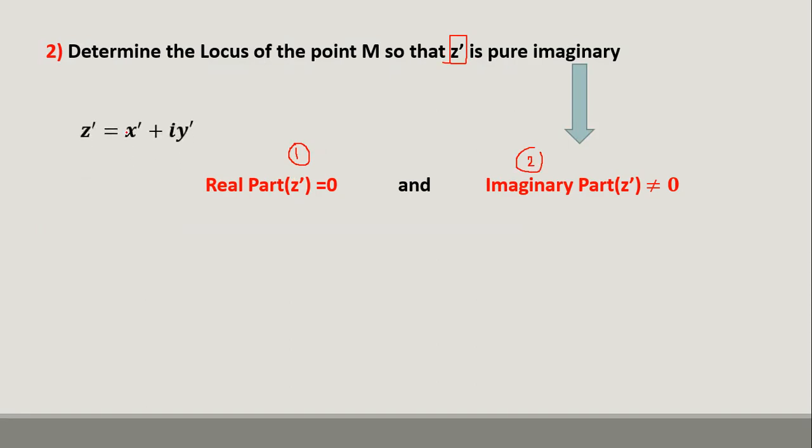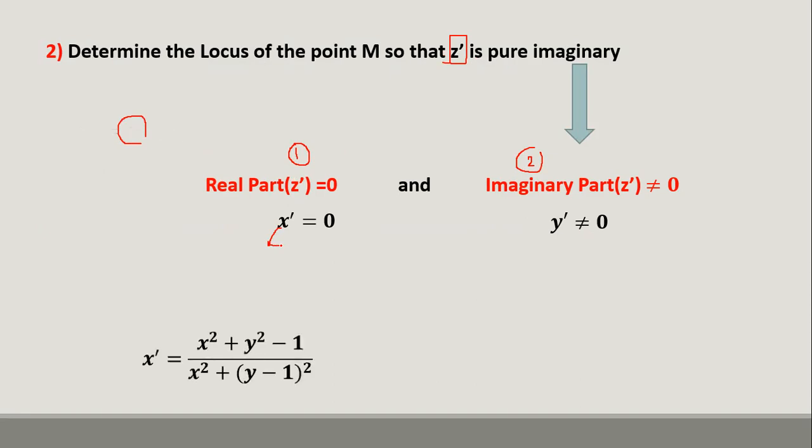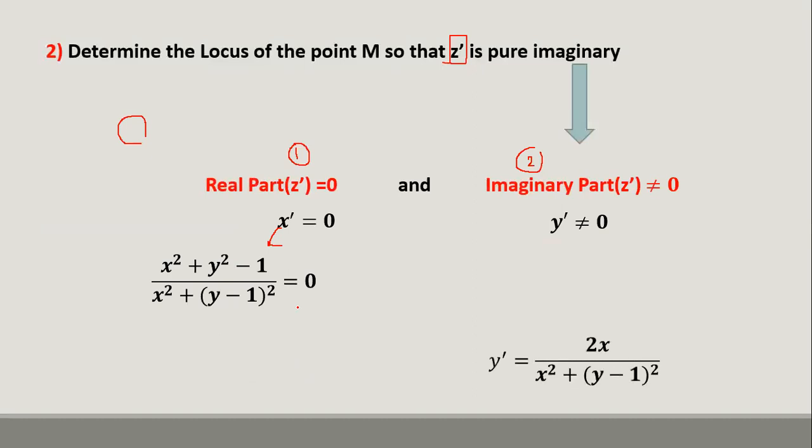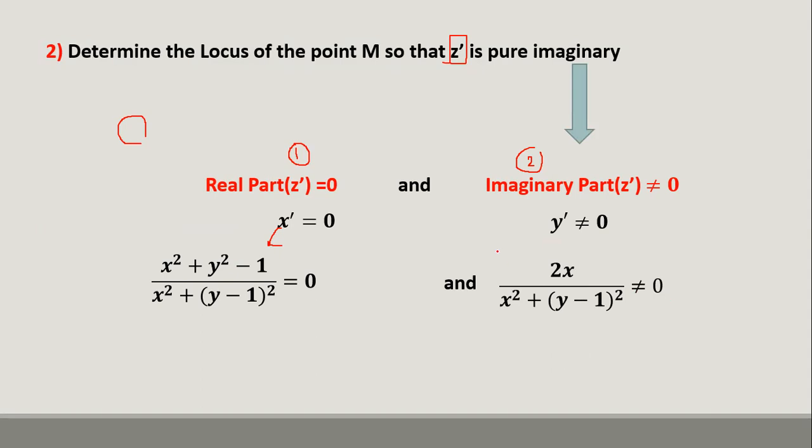It is talking about Z prime: its real part is x prime, its imaginary part is y prime. We have already found the answer for x prime. I will take it equal to 0. As for y prime, I will take it different from 0.